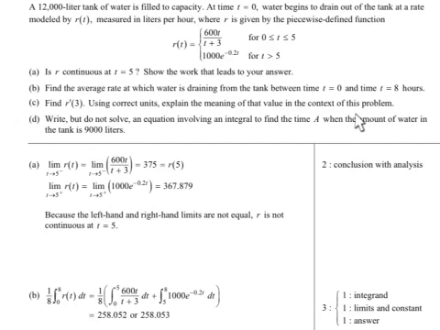We have to first think of an equation that gives us amount of water, and then find the time. We don't have to solve it, just set it up, when it equals 9,000. If I want amount of water, aren't we going to integrate a rate? You integrate a rate to get amount over an interval.